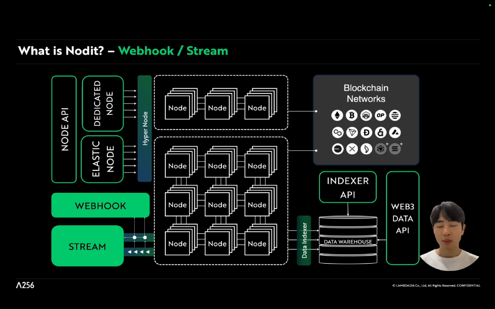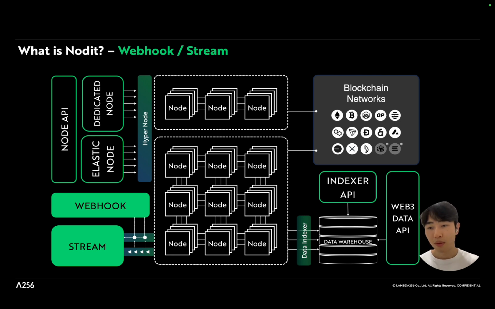All you need to do is register your endpoint and define your filters. It's a perfect fit for event-driven applications, like triggering backend logic when a wallet receives funds or when a specific contract is called. And the best part, no polling needed. Nodit delivers the data to you instantly.